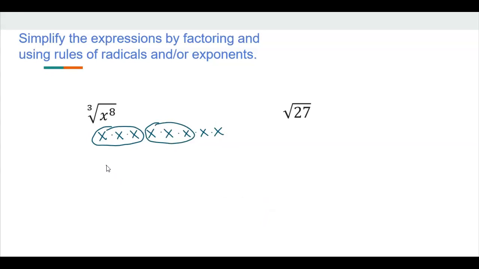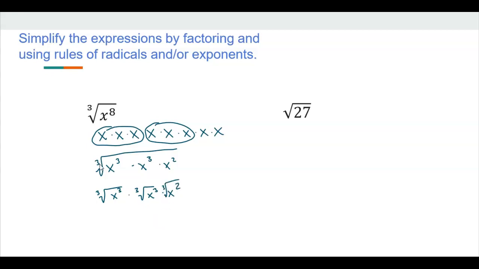So we can write x to the 8th as x to the 3rd, this set of 3, times x to the 3rd, this set of 3. And then we have 2 left over, so x squared. So 3 plus 3 plus 2 is 8, so x to the 8th, and all of that is under a cube root. And now we know we can separate these out. So this is cube root x cubed times cube root x cubed times cube root x squared.